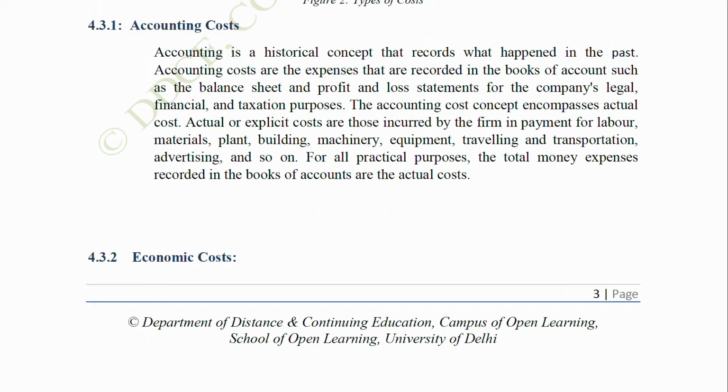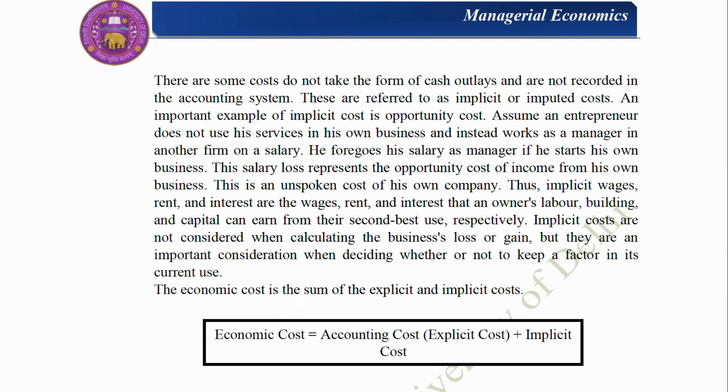4.3.2 Economic costs. There are some costs that do not take the form of cash outlays and are not recorded in the accounting system. They are referred to as implicit or imputed costs. An important example of implicit cost is opportunity cost.